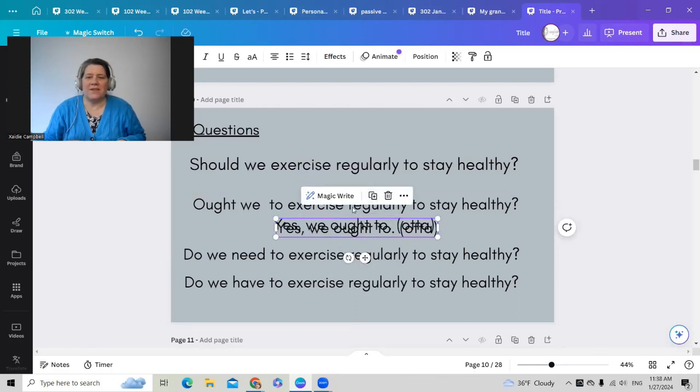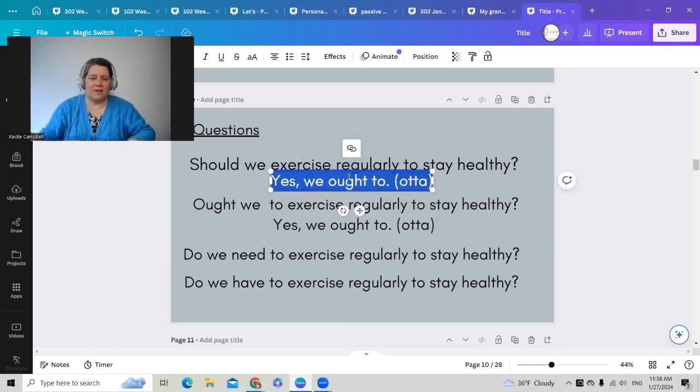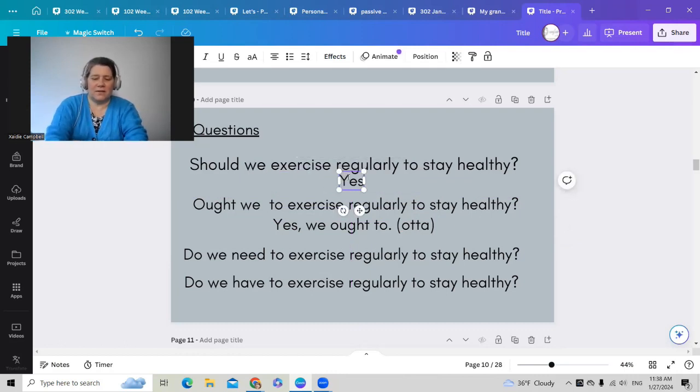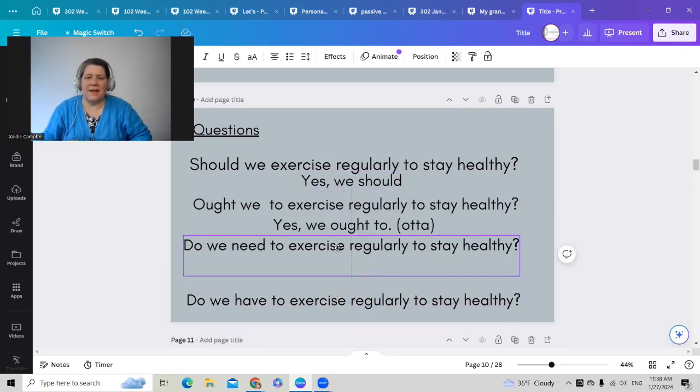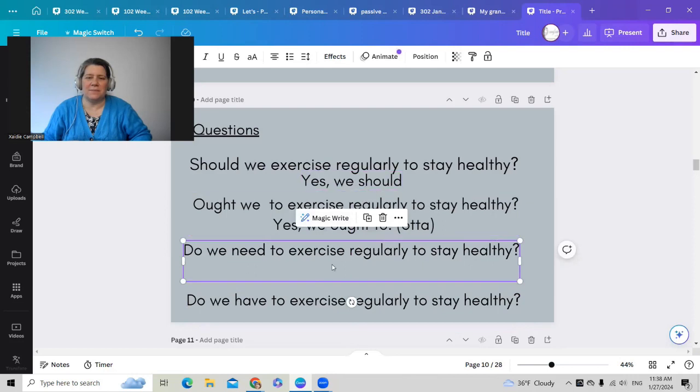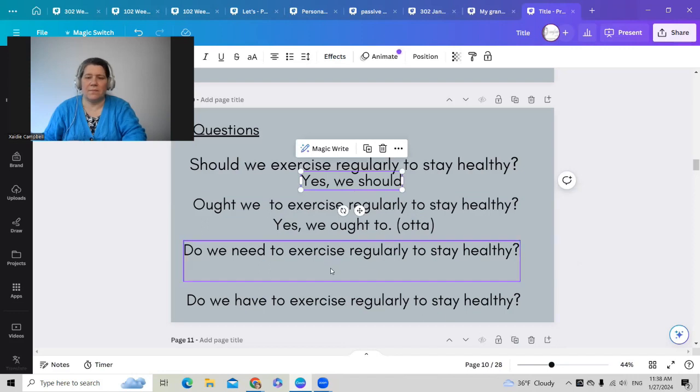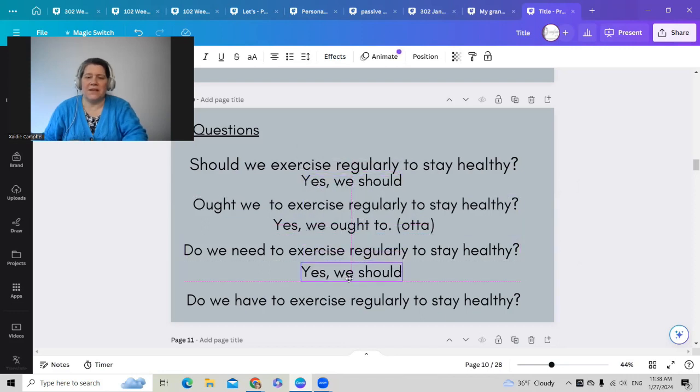Up here, we'd have yes, we should. And then both of these will be yes, we do. Okay?